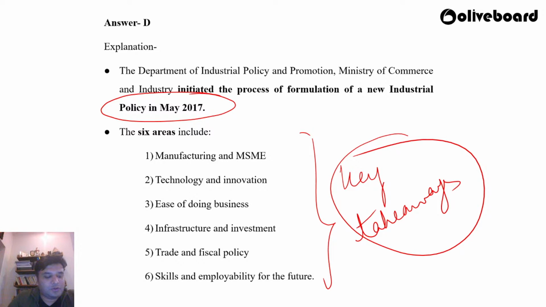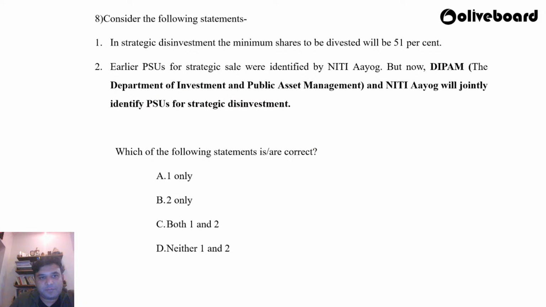So yes, most of you have given the correct answer, and I'm mightily and heartily pleased with your efforts right now. Let's move on to the next question, boys and girls. Question number 8. In strategic disinvestment, this is the first statement. In strategic disinvestment, the minimum shares to be divested will be 51%.